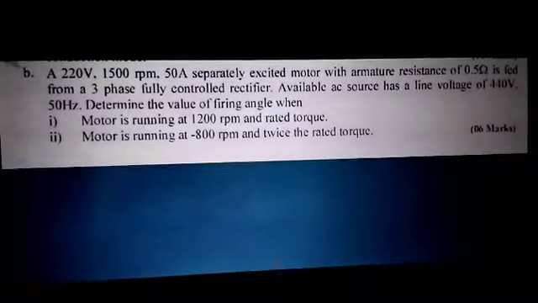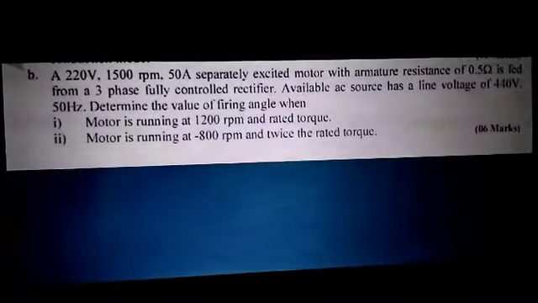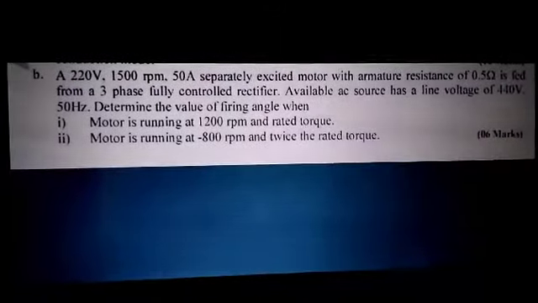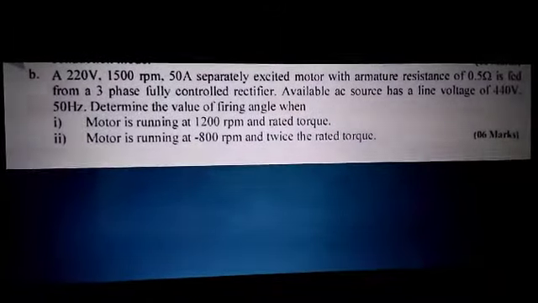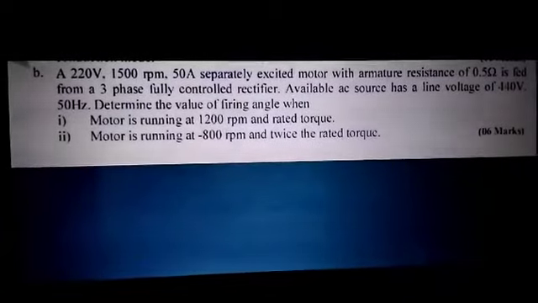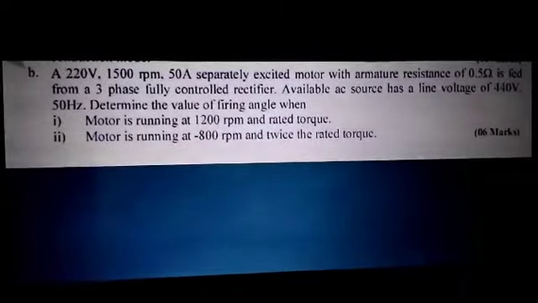Here, rated torque means we have to take the armature current, because armature current is directly proportional to the torque. Hence, in the first case, at 1200 rpm and rated torque, the armature current is 50 amps.